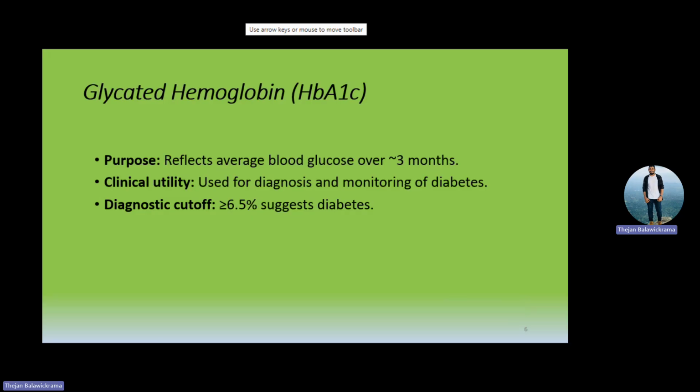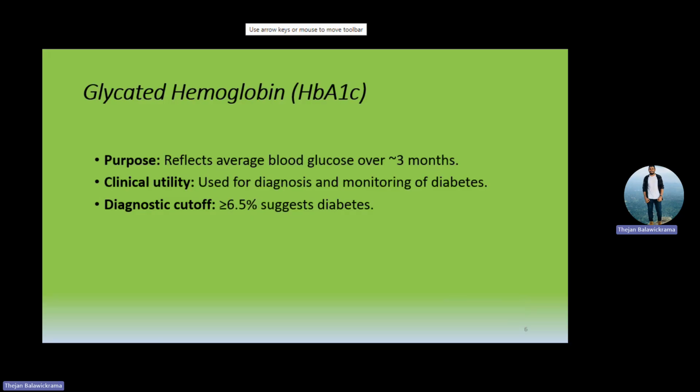The diagnostic cutoff means that when we keep measuring the blood glucose level over 3 months, the diabetes level range is going to be 6.5%. For everything there is an expected value, but we are getting a different value. The difference between the expected value and the true value that we get in the experiment is the error.